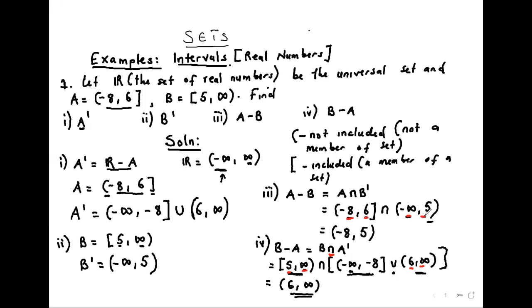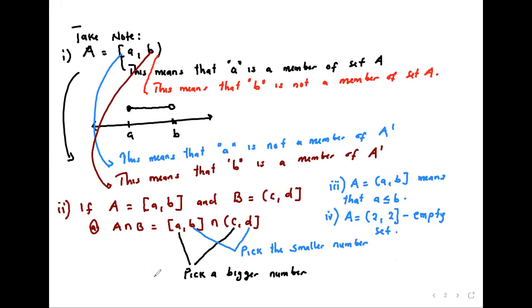And for the complement, because -8 was not in A, it had to be in the complement. Because 6 was in A, it was not part of the complement. Because 5 is in B, it's not in the complement. That's how you use those brackets there. The true meaning being explained here.